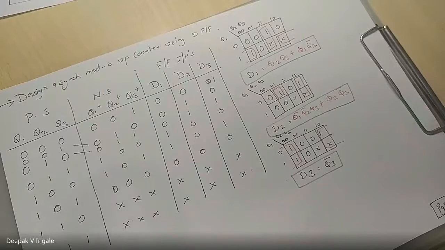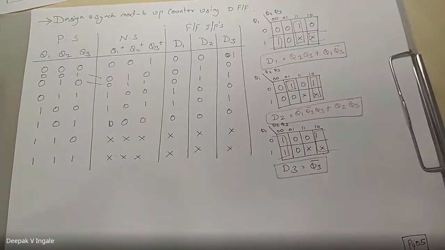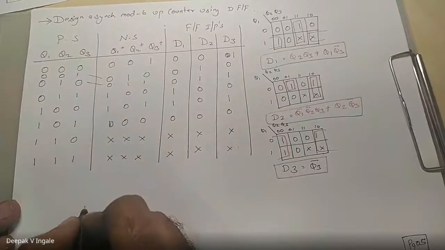So you can verify your values for D1, D2 and D3. Meanwhile, let us also write the circuit for this.